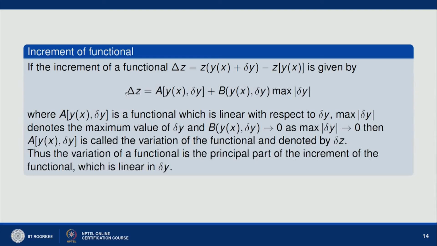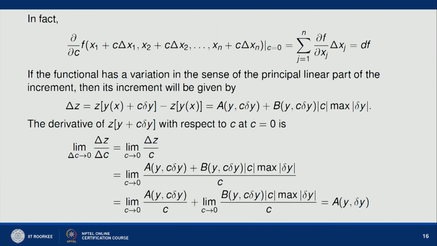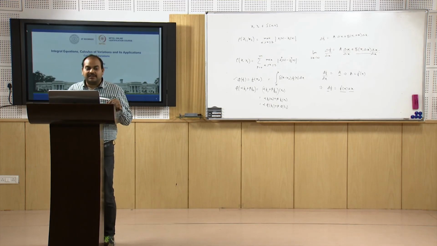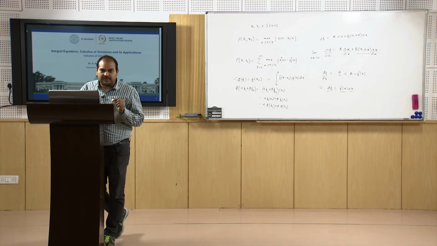In some cases where your functional is quite complex, this form is quite difficult to achieve. So there we find the increment of the functional using this latter definition which we have just shown. So we will use this as a definition of finding the variation of a functional.